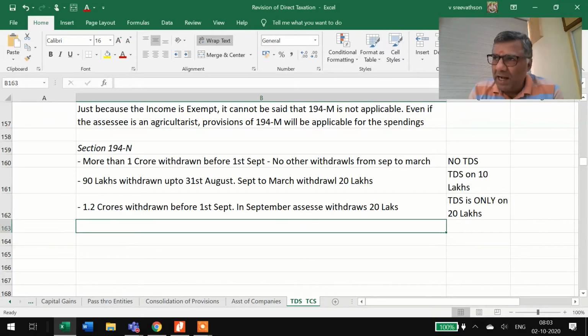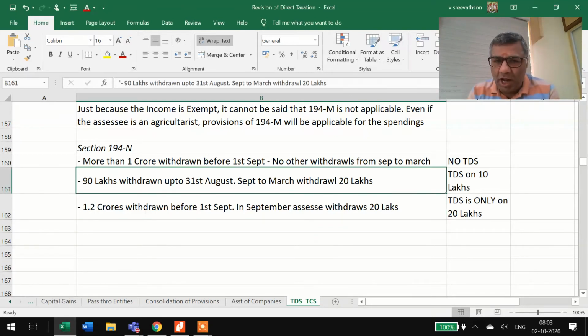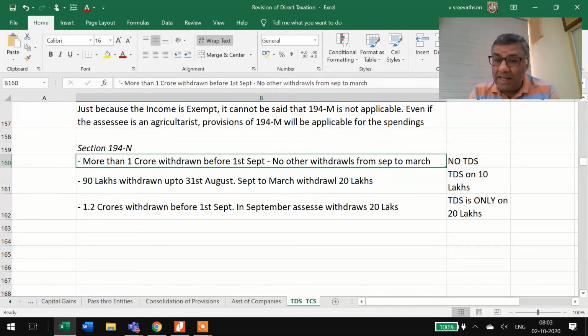If the threshold is already exceeded, every withdrawal from 1st September is taxable. If the threshold is not exceeded, then wait for the threshold to be exceeded and then tax the excess. If the threshold has already been exceeded but there are no withdrawals after the amendment, no TDS.